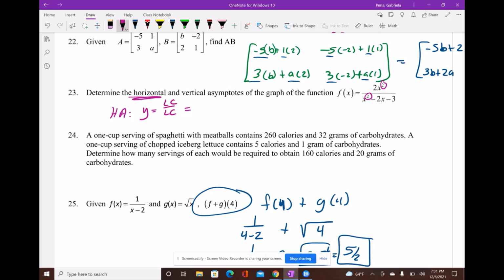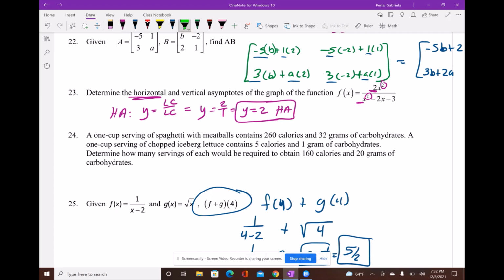So y equals, who's my leading coefficient here? 2 and 1. So we have 2 over 1, which is just 2. This here is your horizontal asymptote. Y equals 2. So for horizontal, you just look at your degrees. If they're the same, you just look at the leading coefficients. If the top one is bigger, you have to use synthetic division. If the bottom one is bigger, then it's just y equals 0.